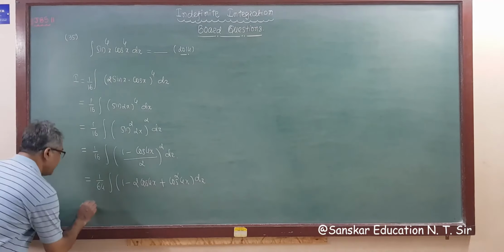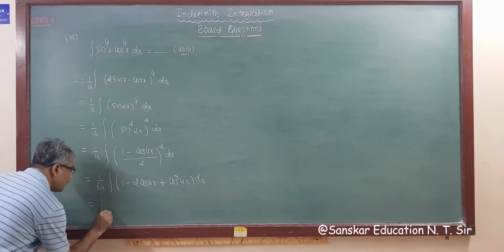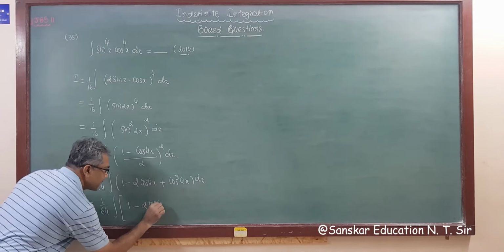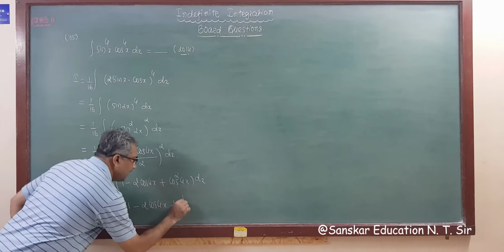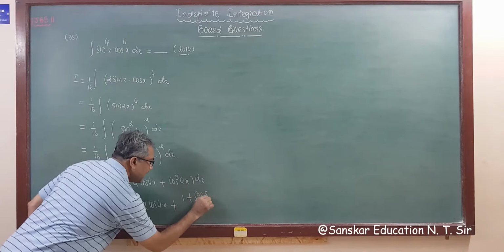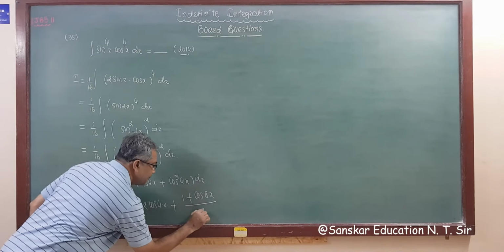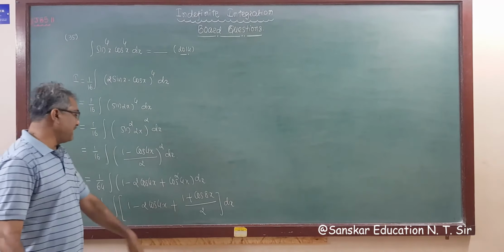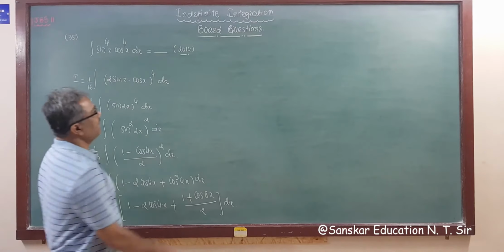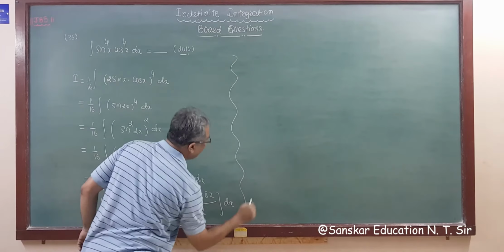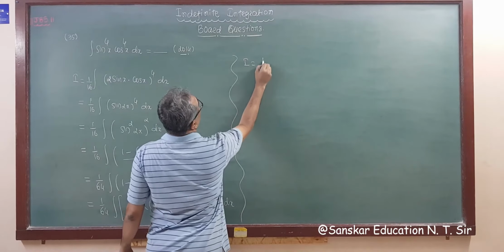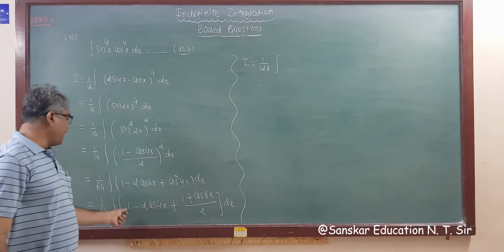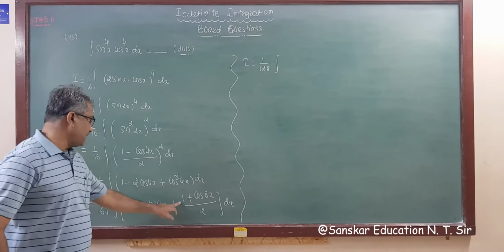So this becomes 1/64 integration of (1 minus 2 times cos 4x plus (1 plus cos 8x) divided by 2) dx. Taking LCM 2, so 128. So this becomes I is equal to 1/128 integration, multiplying by 2 here.